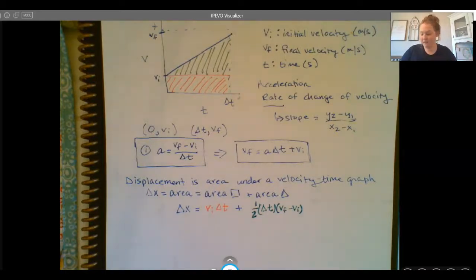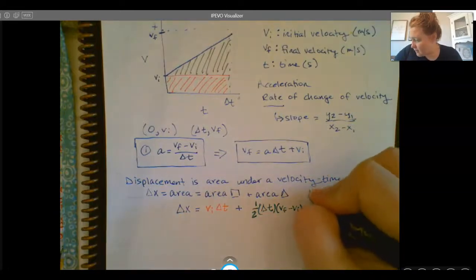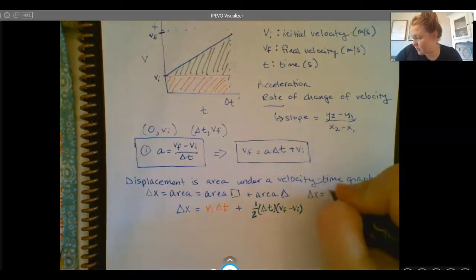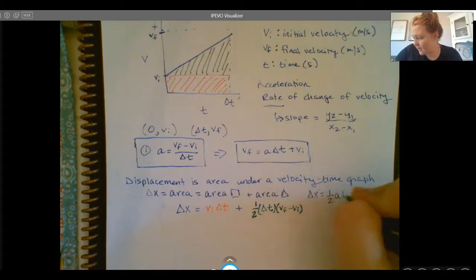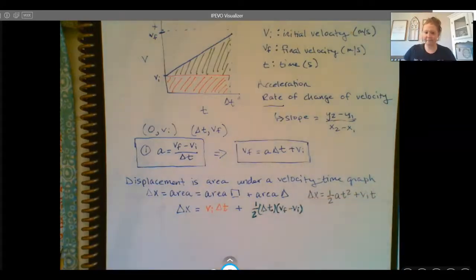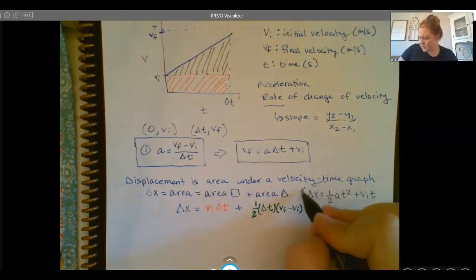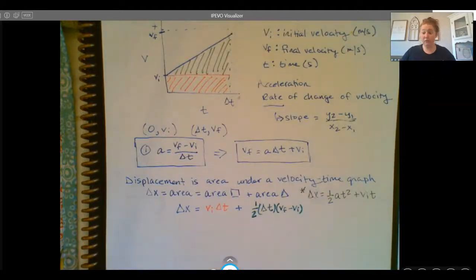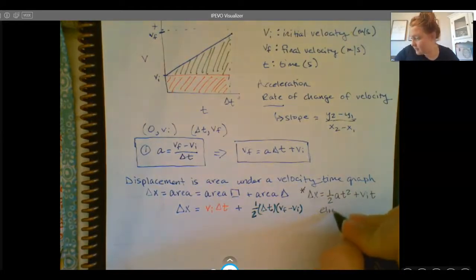Our end game here for equations is this right here. Delta x equals 1/2 AT squared plus VIT. So just a note, this is what we're trying to get to. Now, a great thing about this equation is it eliminates the need for a final velocity.